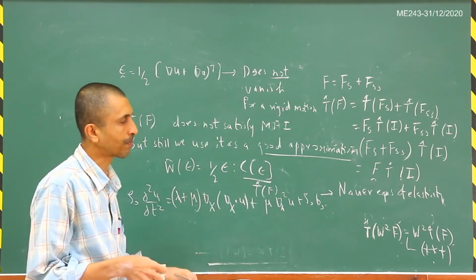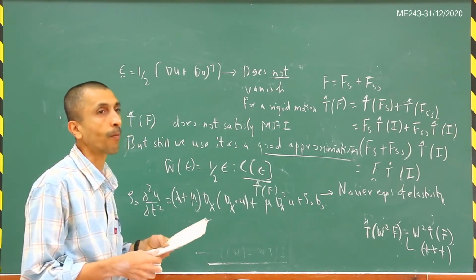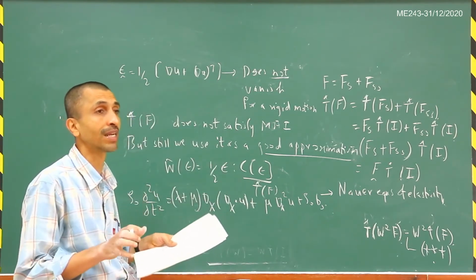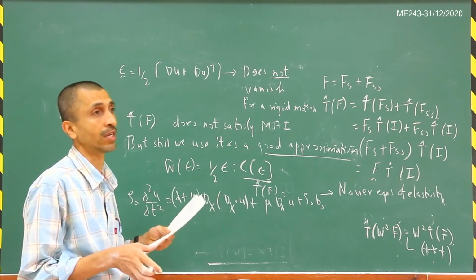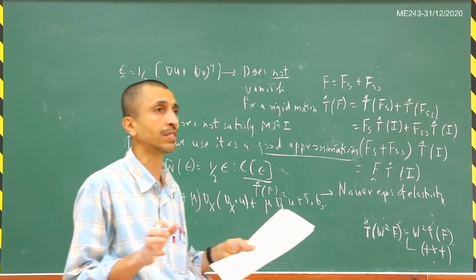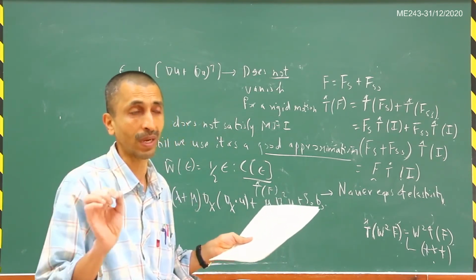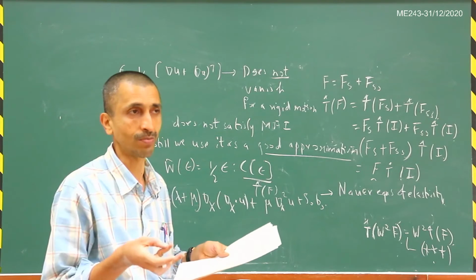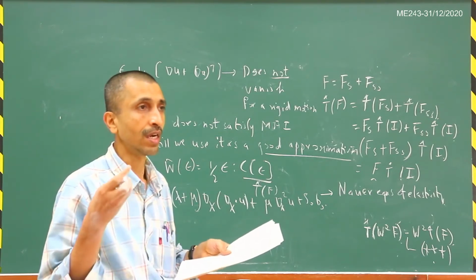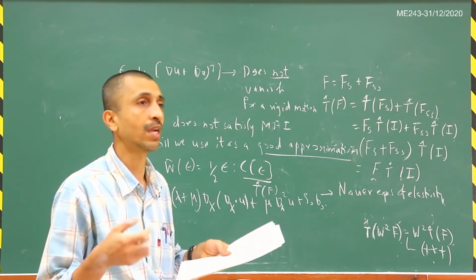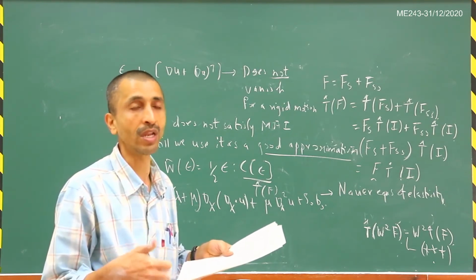So here my purpose was just to show how to obtain the equations of linear elasticity by a systematic linearization of the nonlinear equation. So what we have seen is that in the nonlinear context, all the equations are nonlinear, and every single aspect. So we have seen that the strain displacement relation is nonlinear, the constitutive relation is nonlinear, the governing equation is nonlinear, the boundary conditions are nonlinear, and so on.